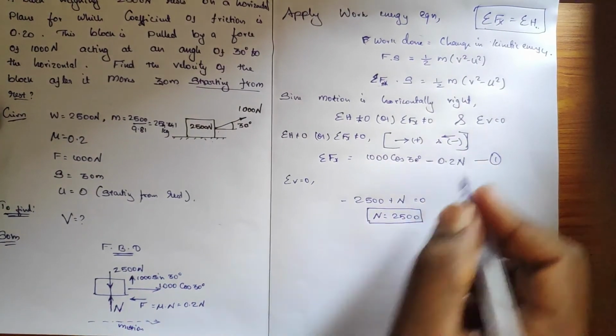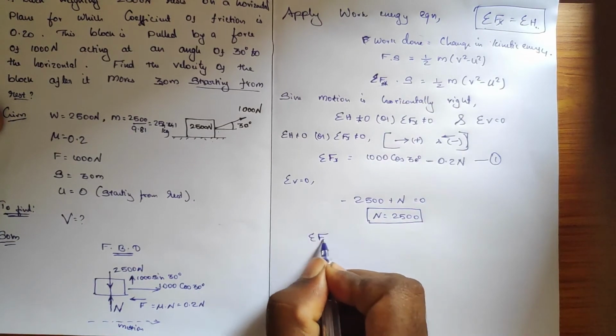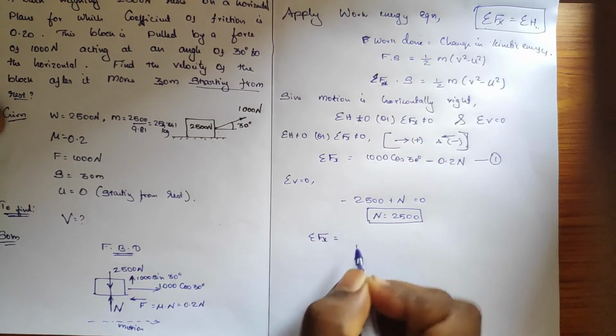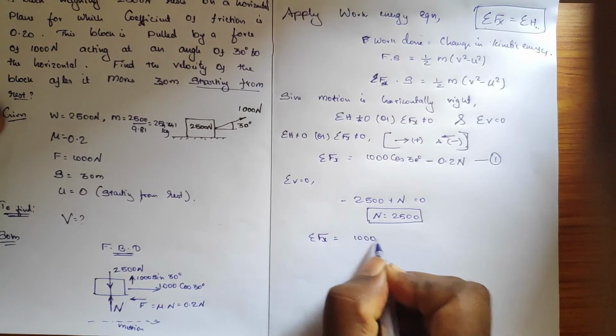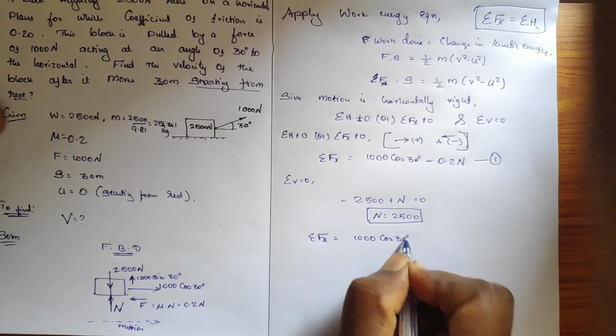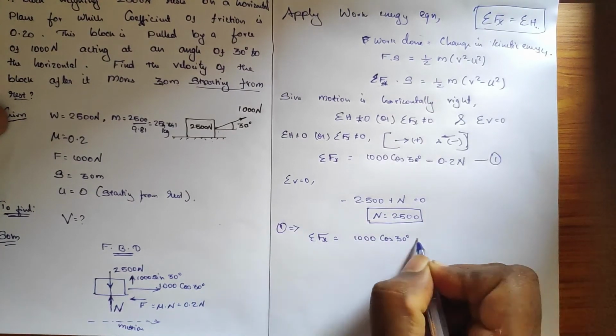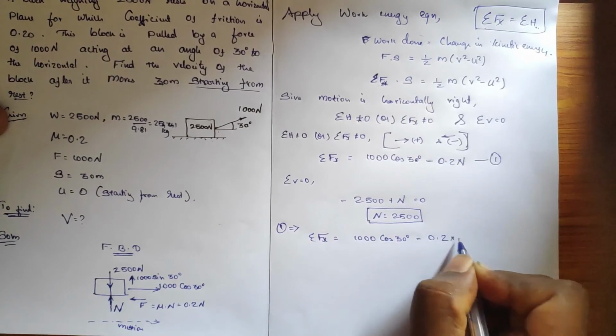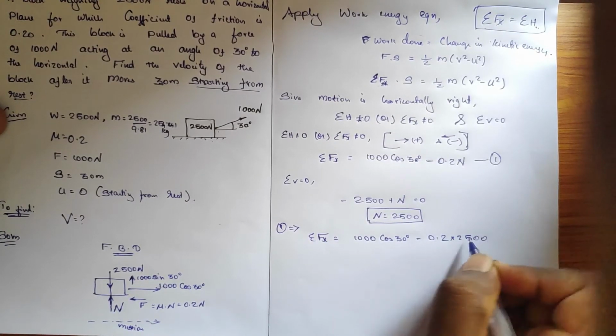Now if you put it in, we get the sum of force in the x direction: 1000 cos 30 degree, that means equation 1 will become minus 0.2 into 2500.